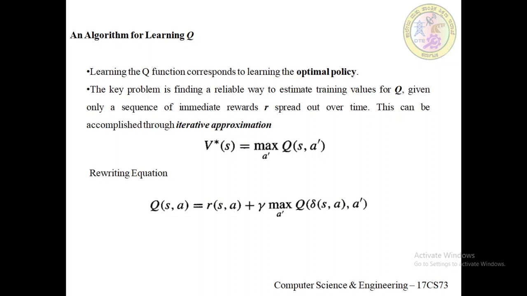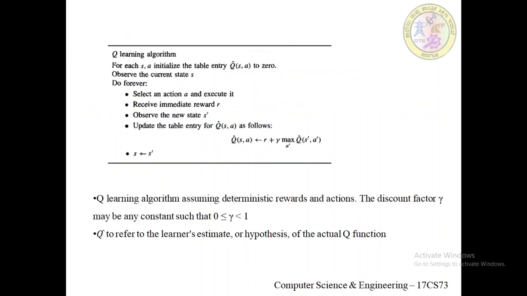The agent repeatedly observes its current state s, chooses some action a and executes it, and then observes the resulting reward r = r(s,a) and the new state s' = δ(s,a). It then updates the table entry for Q cap(s,a) following each such transition, according to the rule Q cap(s,a) ← r + γ max Q cap(s',a').